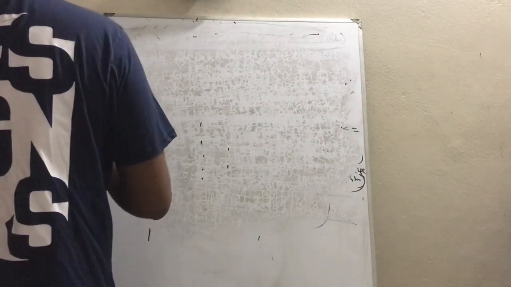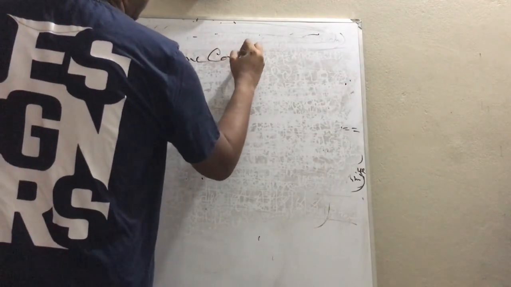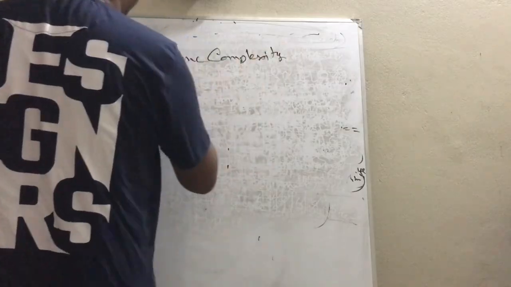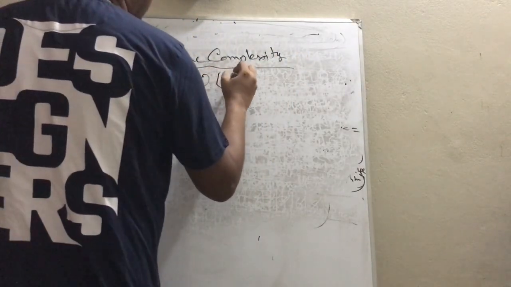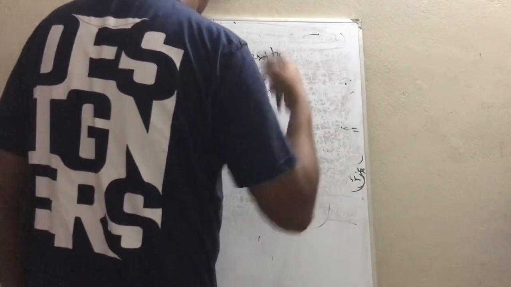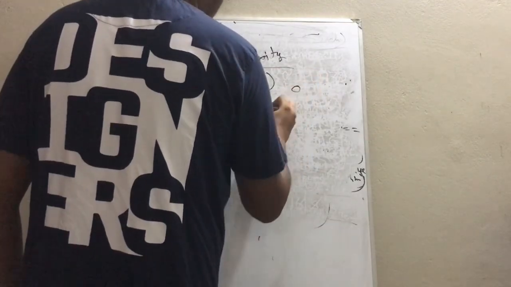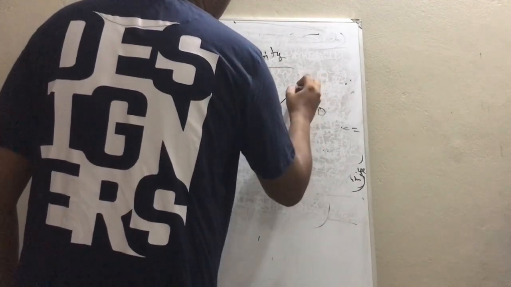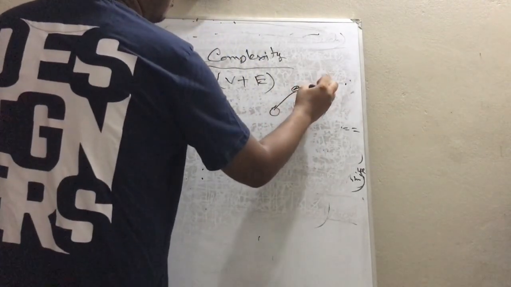Let's do some analysis of BFS. What is the time complexity? Big O of vertex plus edge. Why? Because we visit every vertex once.